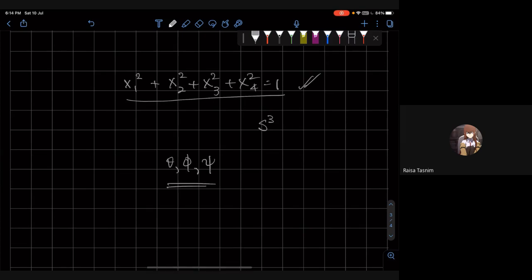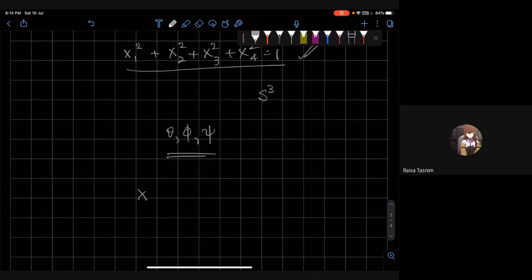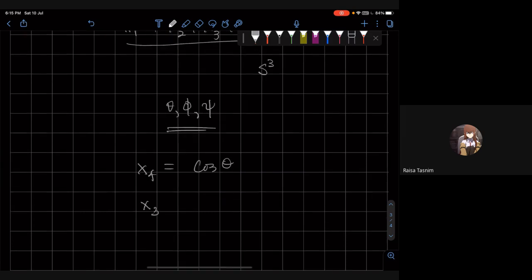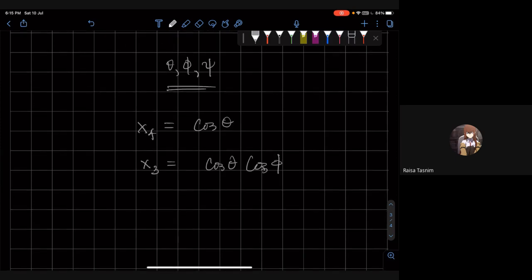There'll be 3 angles, and I think x4 will be say cosine of theta, and then x3 would be say cosine of theta, and then cosine of phi, and then cosine of phi and sine of psi, I think.